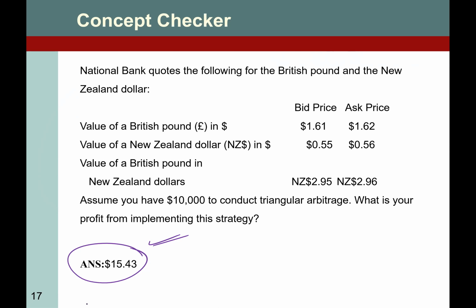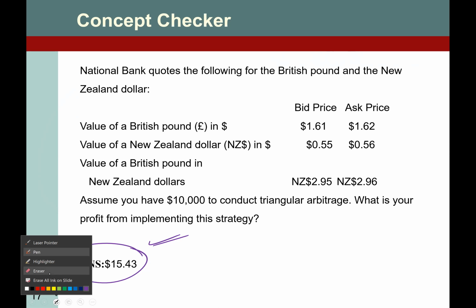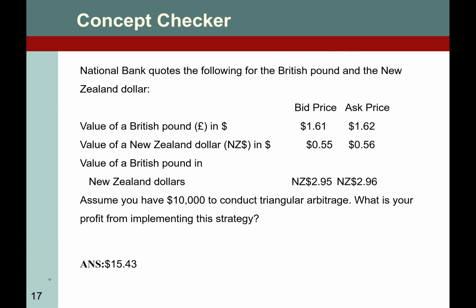Okay, I'm going to be explaining here. So you find out the cross exchange rate, right? If the cross exchange rate is a lower number, like 2.90, 2.8, this is bid, this is ask.